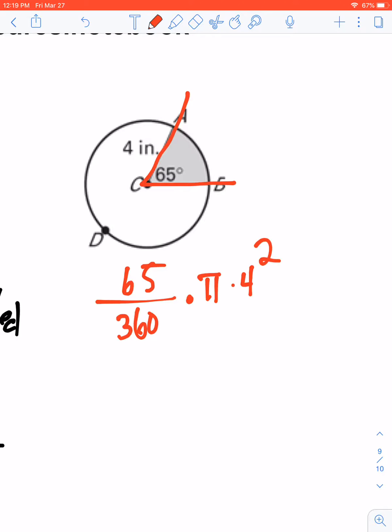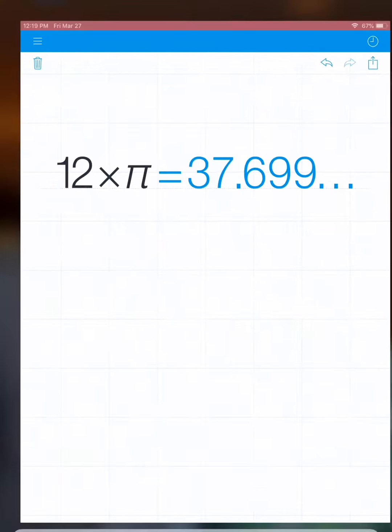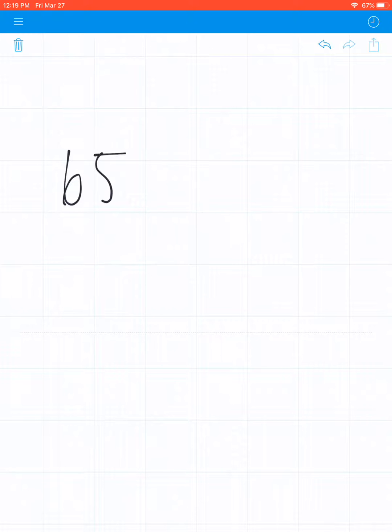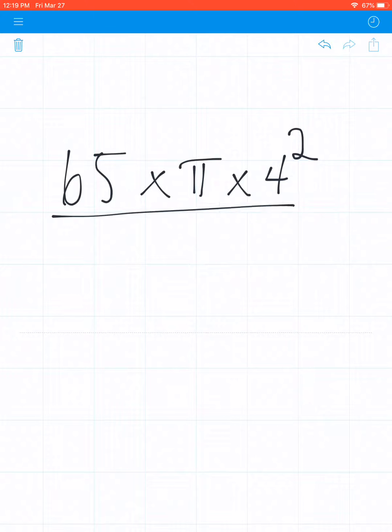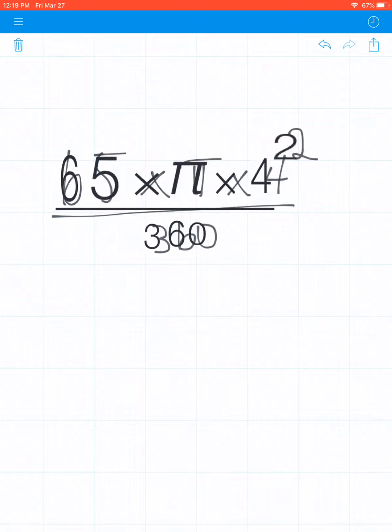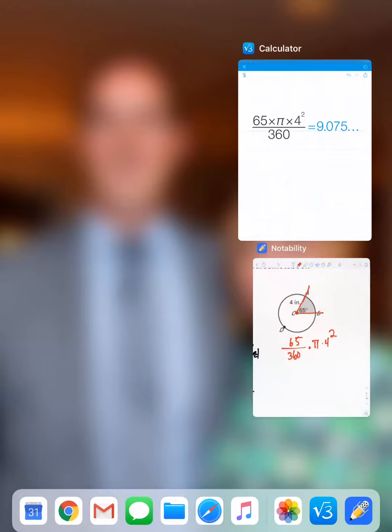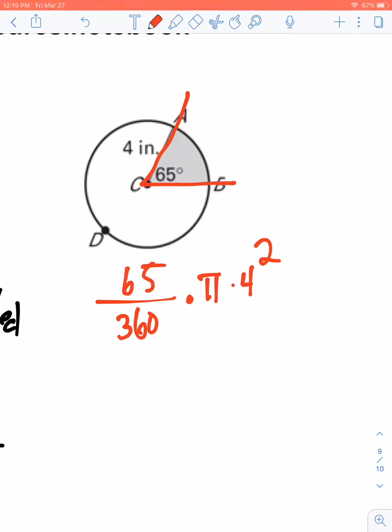So I just pop that in my calculator. 65 times pi times 4 squared all over 360, and we get 9.1, and again we measure in square units.